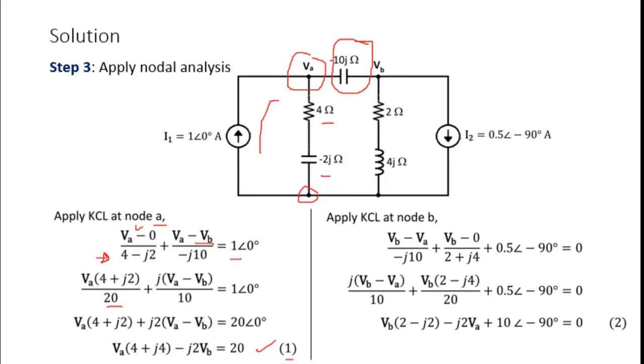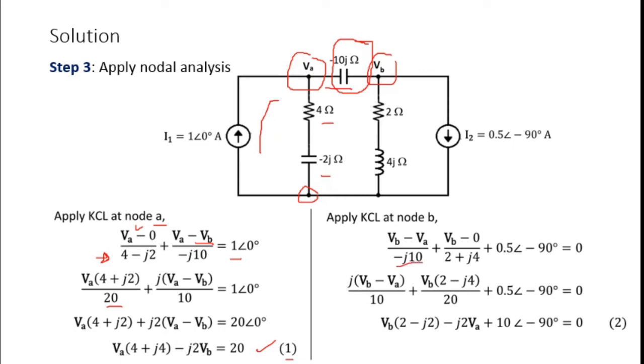Next, we'll apply the KCL for node B. In this case, we consider all the current flowing out of the node. So the first part, for this branch, you have VB minus VA over minus j10.